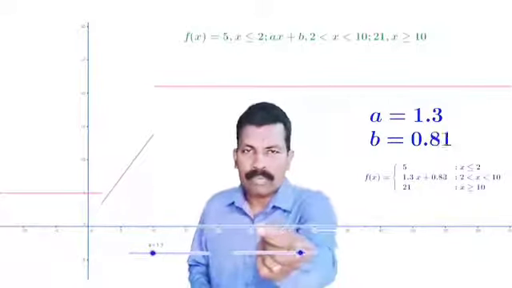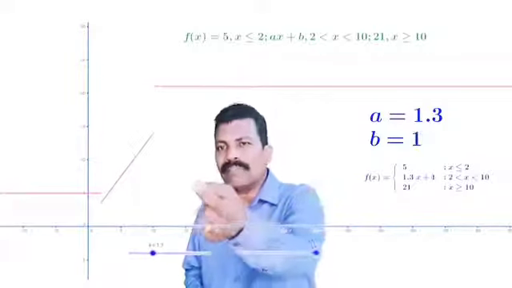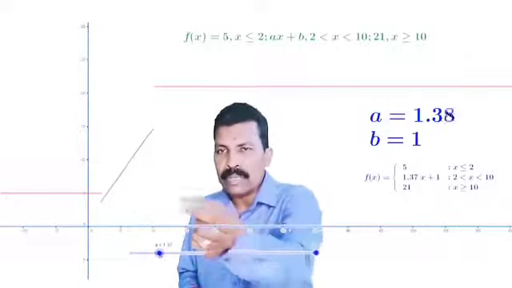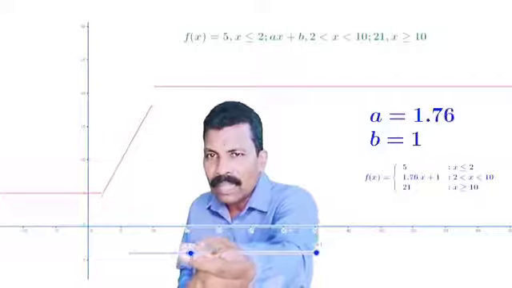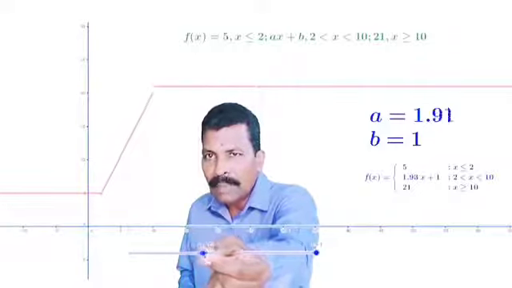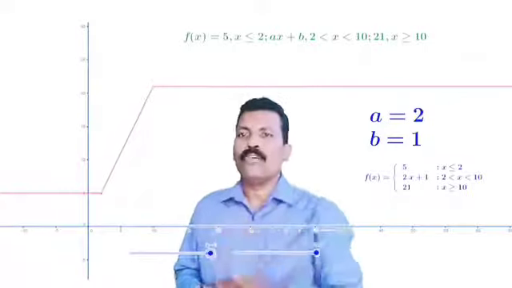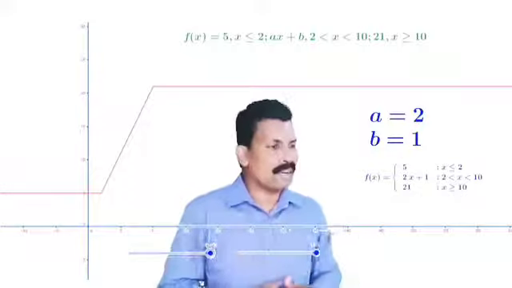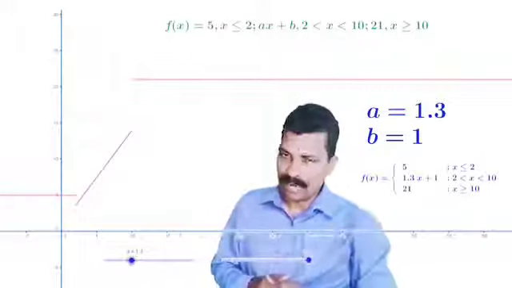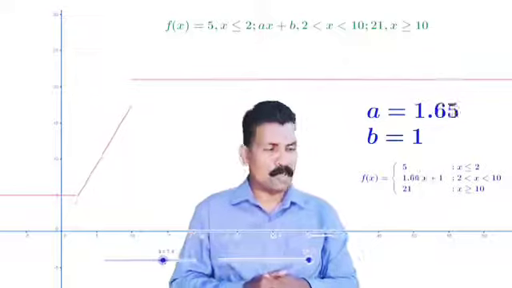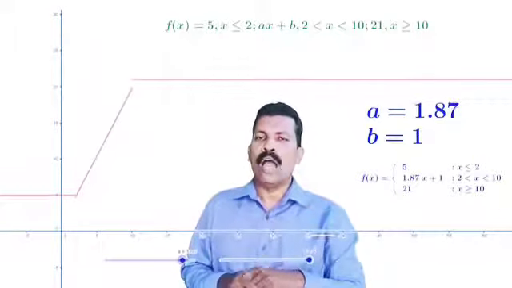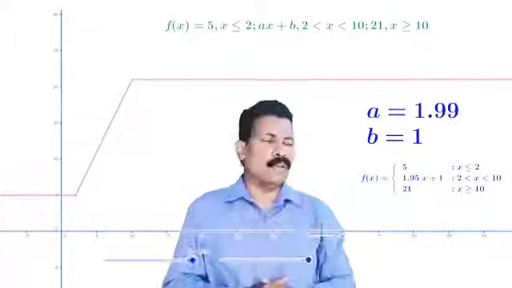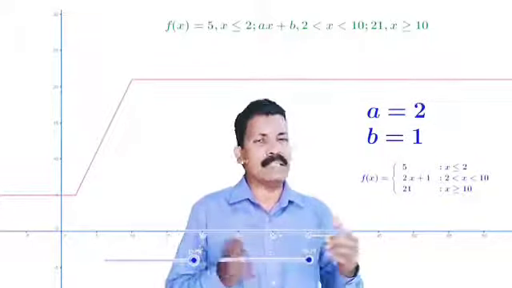Now you see, when b is becoming 1, the graph is changing, but it is not continuous. Now we change a like this, then finally, you see, when a is equal to 2, all the three pieces got connected and there is no break at all, so the function becomes continuous. So when a is equal to 2 and b is equal to 1, the function becomes continuous.